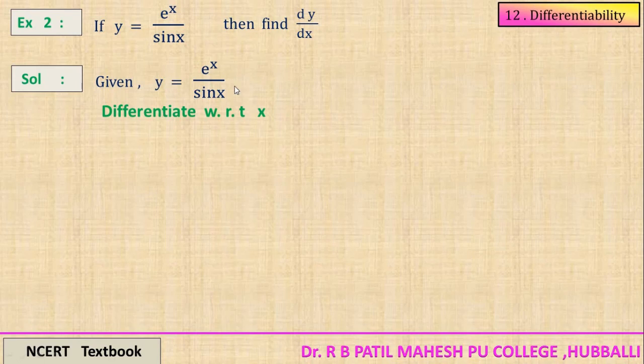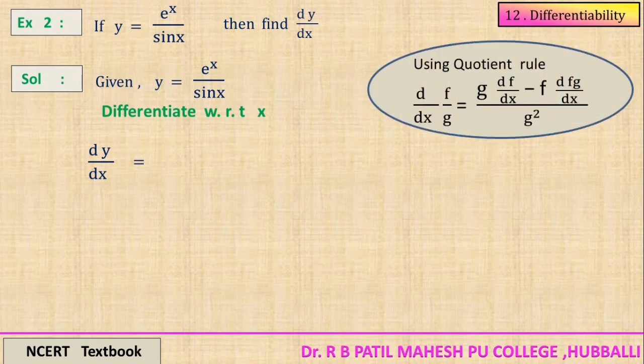See here we have the function in division form, therefore to find the derivative of this function, we use the quotient rule. We follow the division rule: denominator function as it is, differentiate the numerator, minus numerator as it is, differentiate the denominator function, and the whole divided by the denominator squared.